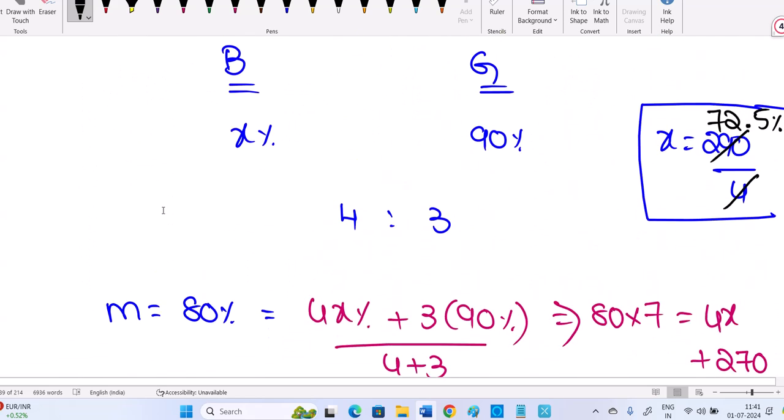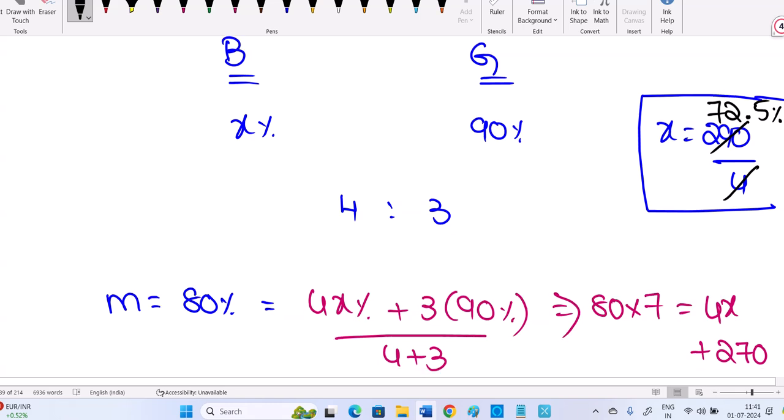Now the alternate method to solve this question. Let us assume that you did not get the idea in the exam to solve this question using mixtures and alligation. Then we can go with the alternate. Method 2.